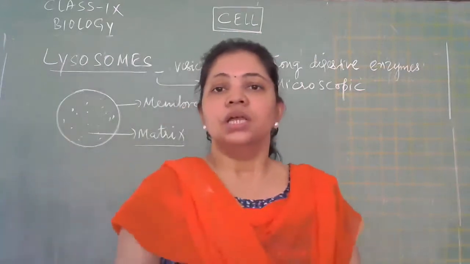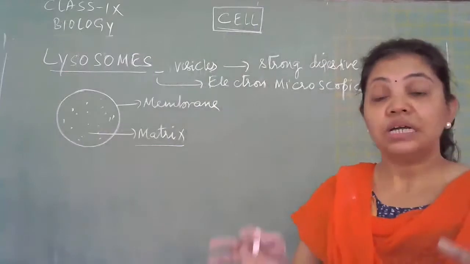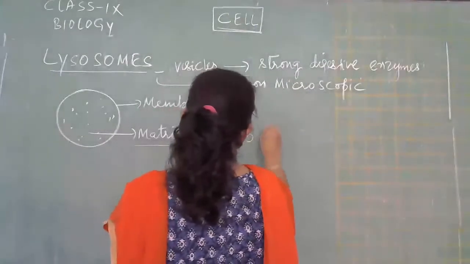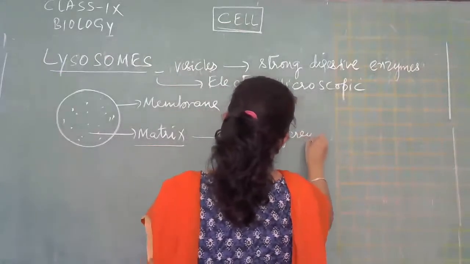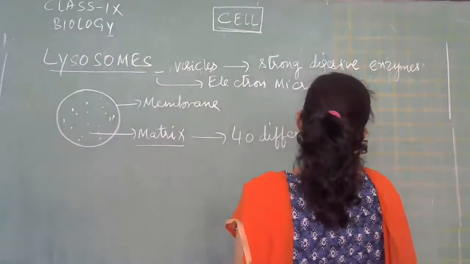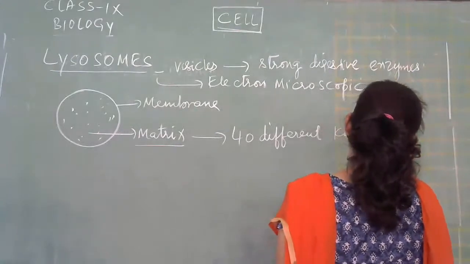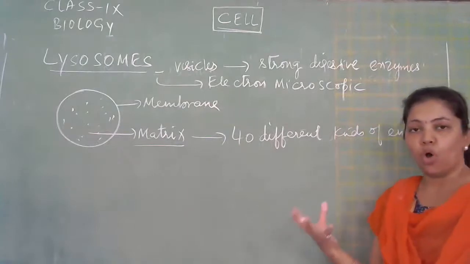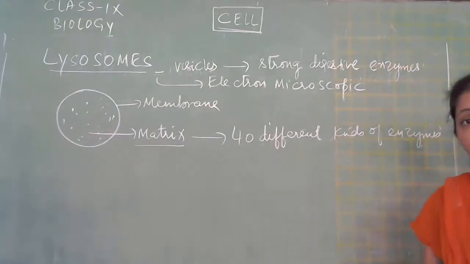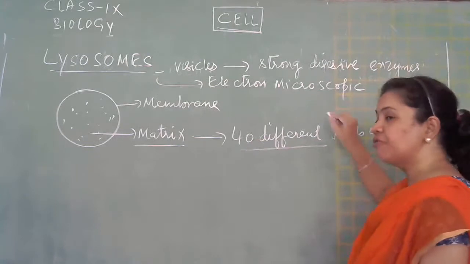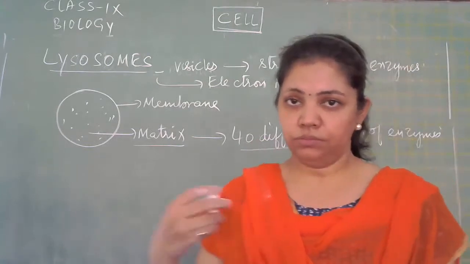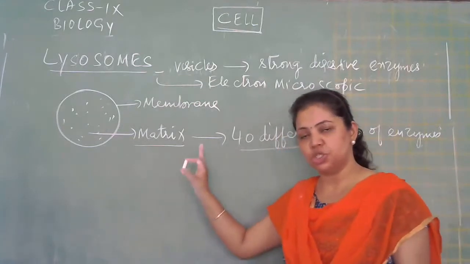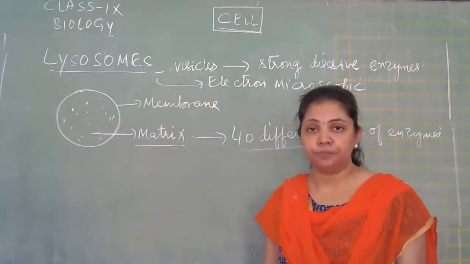And students, this matrix consists of almost 40 different kinds of enzymes. Yes. Inside this small lysosome, in the matrix, are present 40 different kinds of digesting enzymes. 40 different तरीके के enzymes present होते हैं lysosomes के matrix के अंदर.